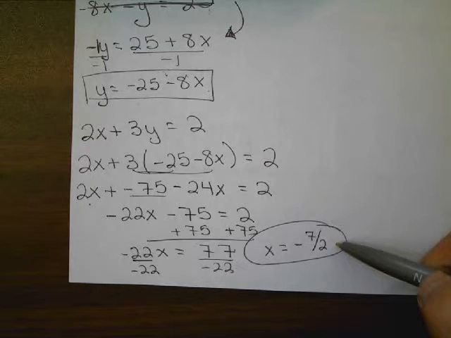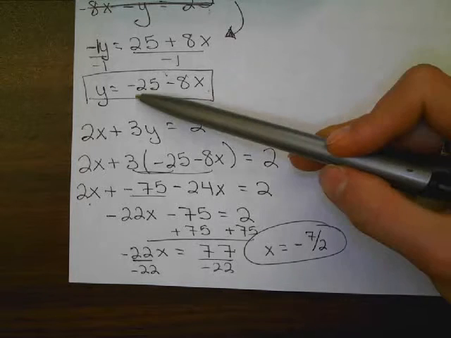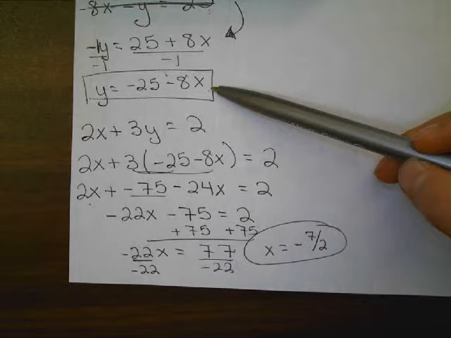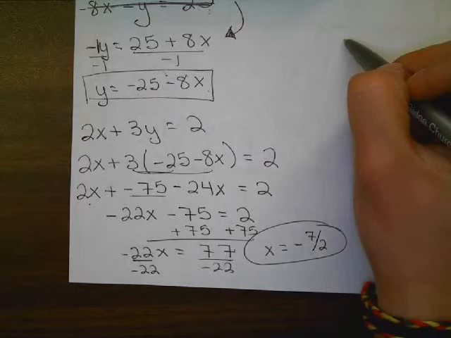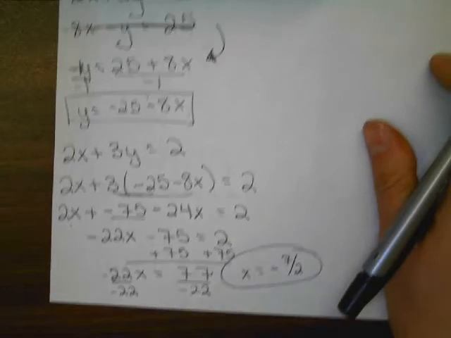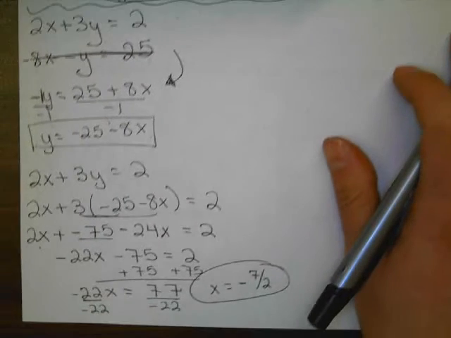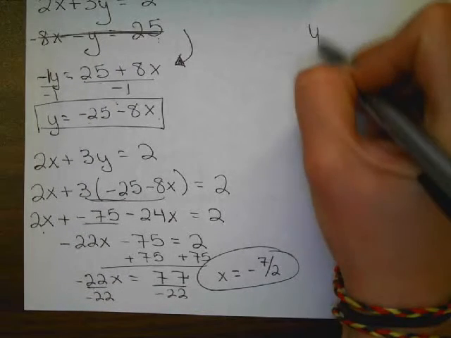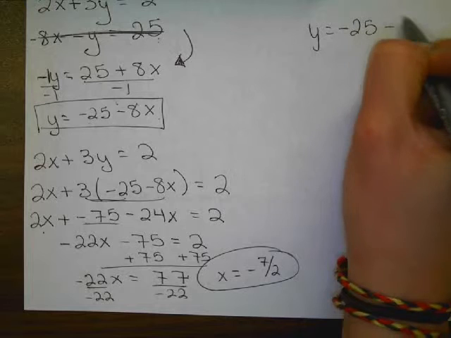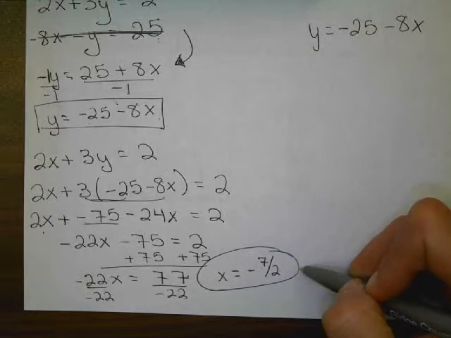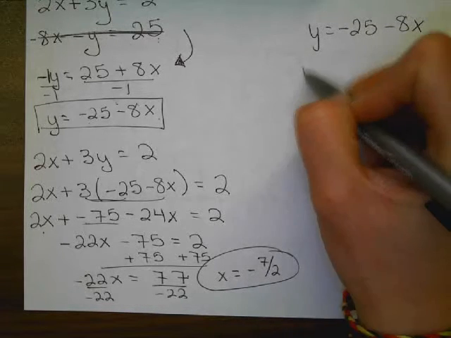Now again, that's only x. And with this system we have two answers, so I need to plug this x back in to get y. Well, I know y is negative 25 minus 8x, so I'm going to use that equation to get my y. So y equals negative 25 minus 8x, and for x I'm going to plug in negative 7/2 now.